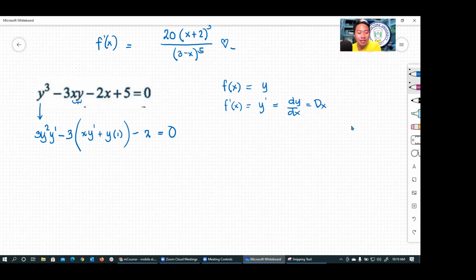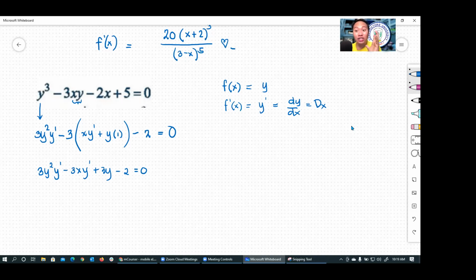Did you get the process? I hope you got the process. I'm going to simplify and distribute the negative 3. I have 3y squared y prime minus 3x y prime plus 3y minus 2 equals 0. After doing this, guys, you have to isolate the y prime. In other words, we're solving for y prime algebraically.